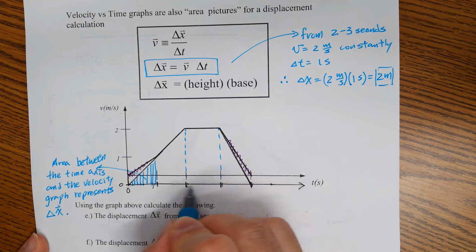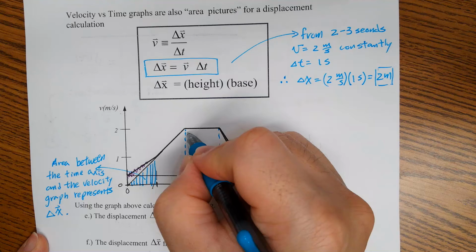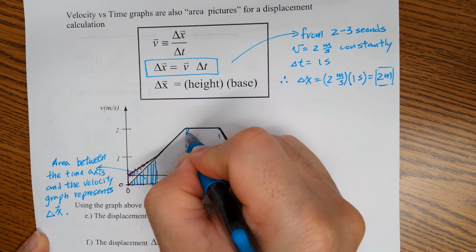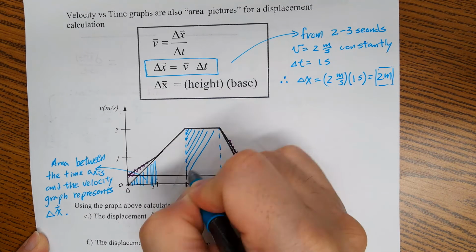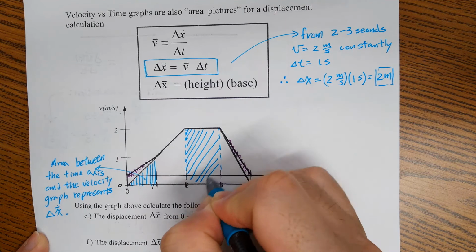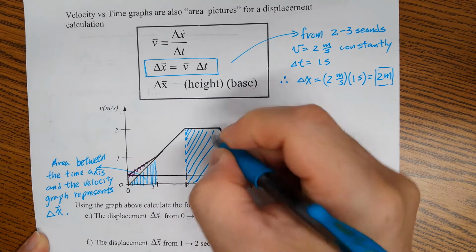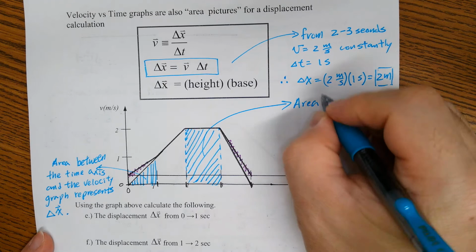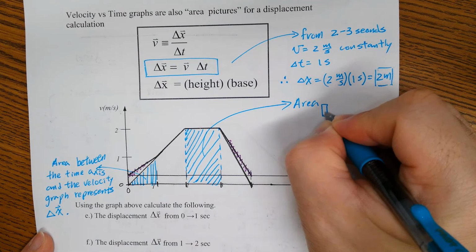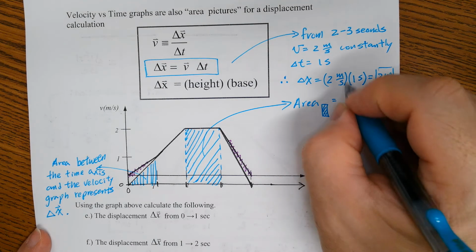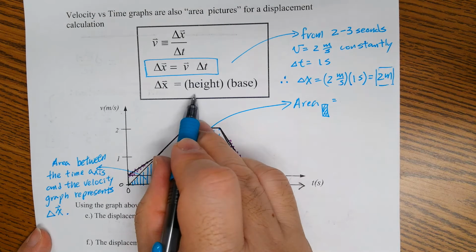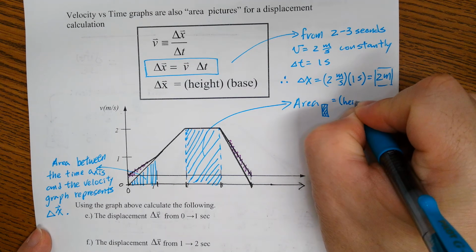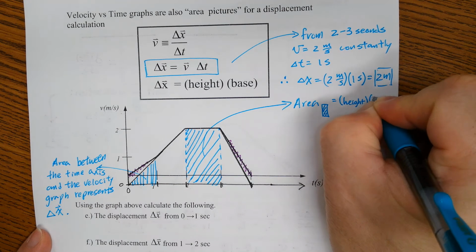Here's my base, and here's my height. The area of this rectangle is equal to, according to here, height times base.